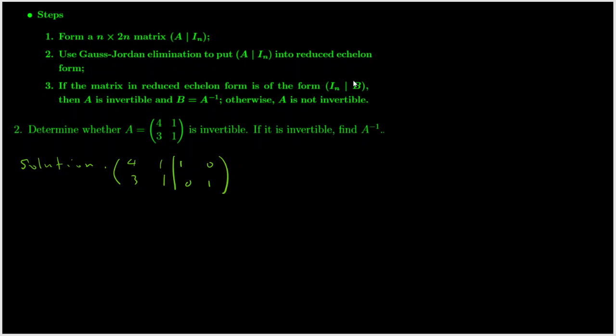I told you before, for many questions in later chapters, we need to perform row reductions to put the matrix into RREF. You have to get over that. Now we're getting the inverse of matrix A. Form a matrix like that. That's step 1, if you want me to label the steps.